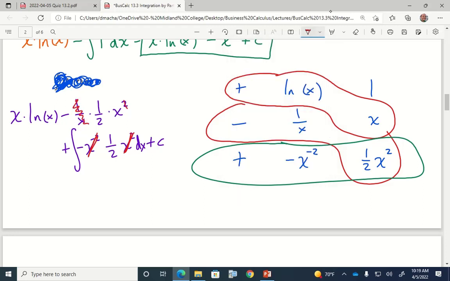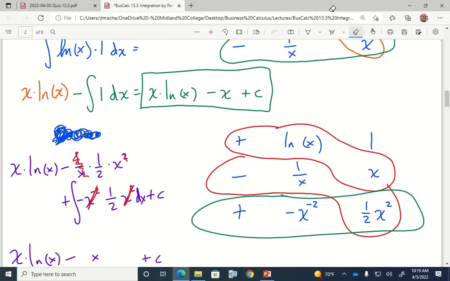And so in the end that's going to be x times natural log x minus half x. And then I have plus the antiderivative of negative half, and the antiderivative of negative half with respect to x is just negative half x plus c. So minus half x is the same thing as minus 1x. And so in the end, I have x natural log x minus x plus c. And that's what I got originally.